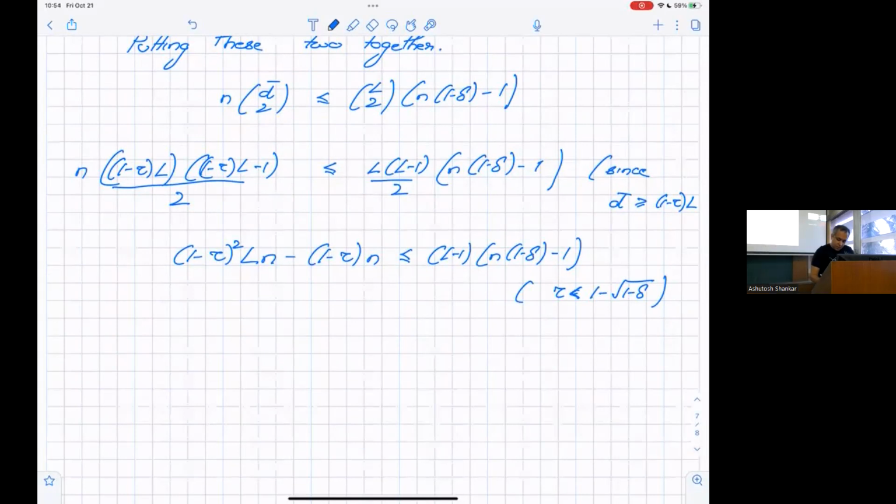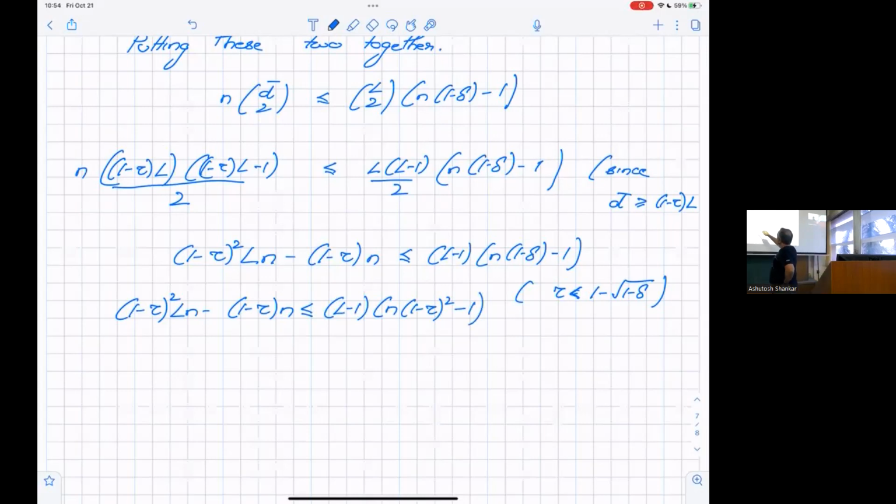So this will become 1 minus tau square ln minus 1 minus tau n is less than or equal to L minus 1 times n into 1 minus tau square minus 1.